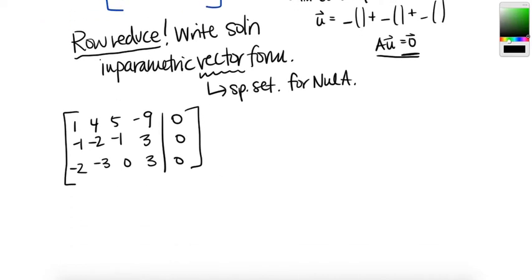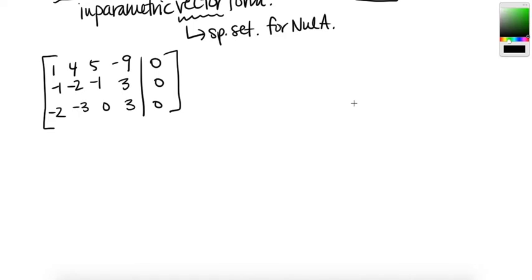Okay, so now we just got to row reduce, right? So we already have a 1 in the upper left-hand corner. So now I'm going to add these two rows together.